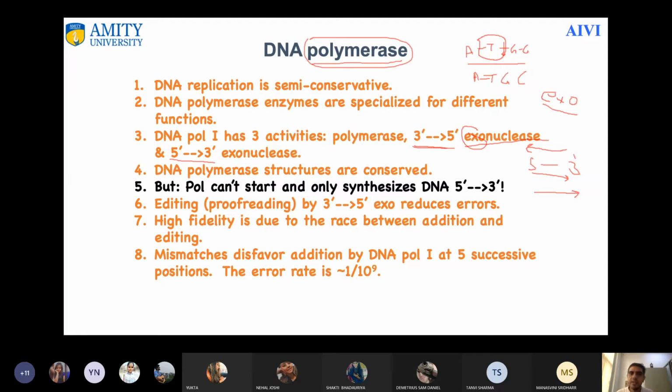Then coming to the 5 prime to 3 prime exonuclease, what is it for? This activity is to remove the pre-existing strand.